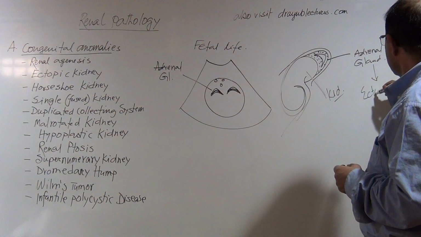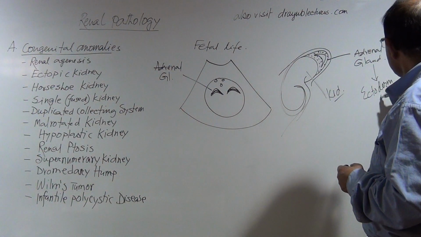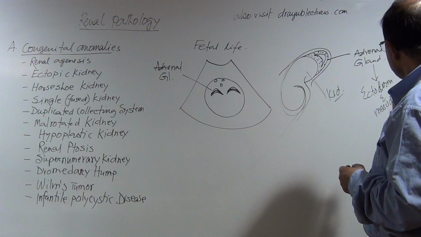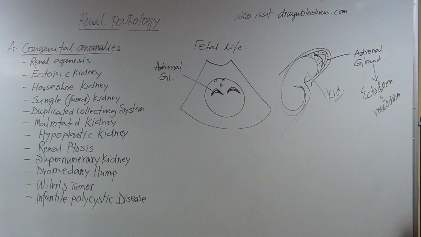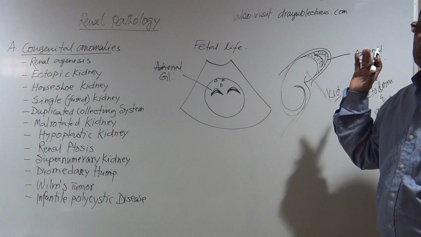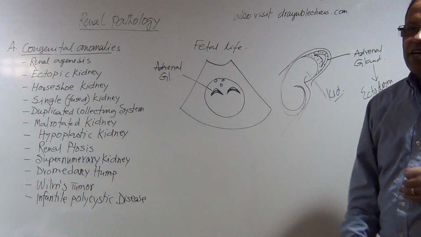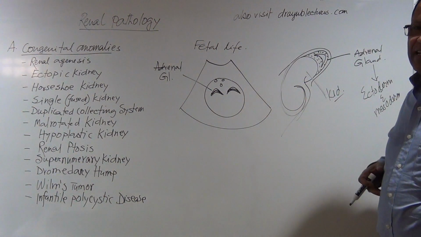But when the kidney is not there, the adrenal gland says, I don't care, because the adrenal gland comes from ectoderm and the kidney from mesoderm. So now they have separate sources of growth. They say, okay kidney, you are in the pelvic cavity, stay there, but I am in the lumbar area.